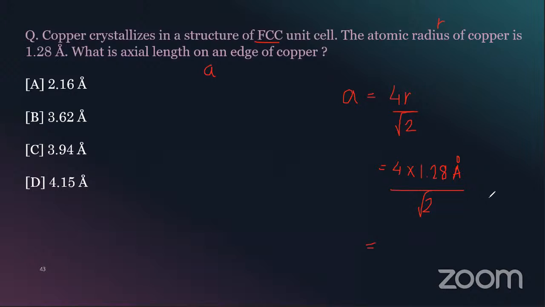What is the answer? How much is root 2? B. Very good, Kunal. So the correct answer is B, which is 3.62 angstrom. Everybody please try this and check whether the correct answer is this only. The correct answer should be 3.62.